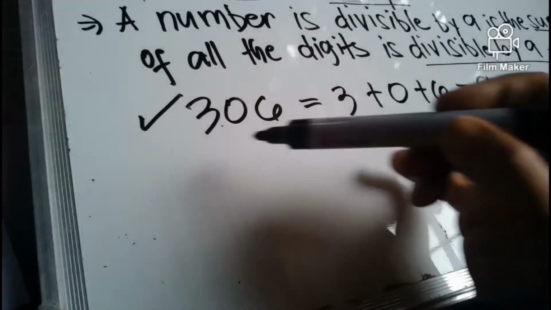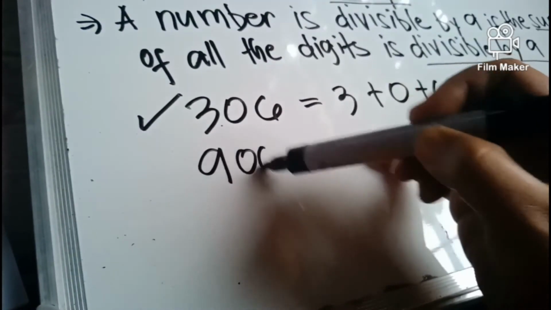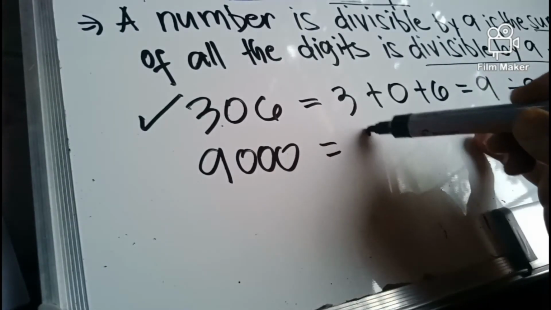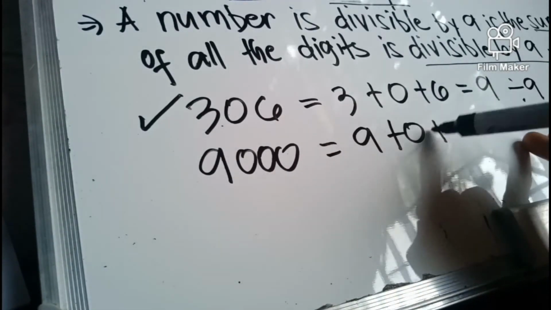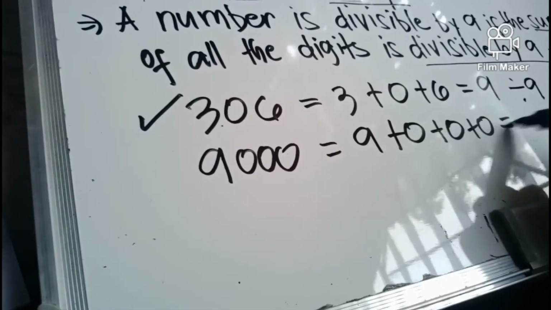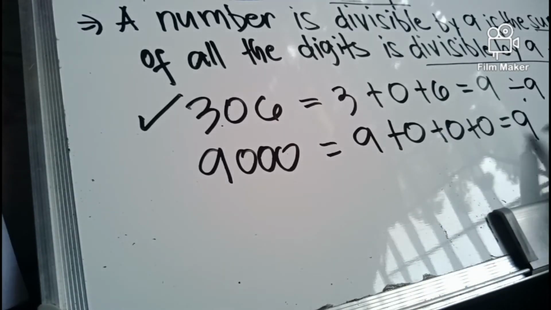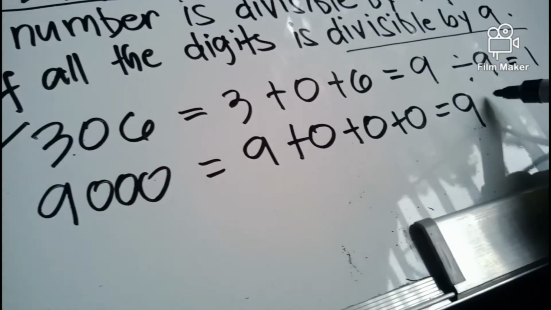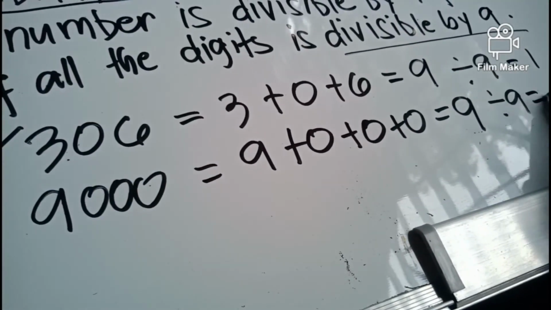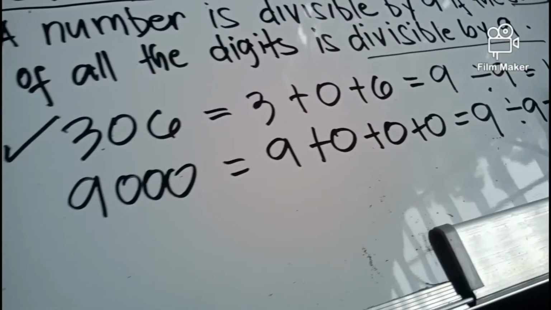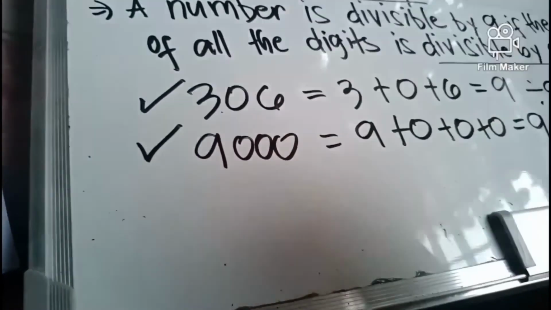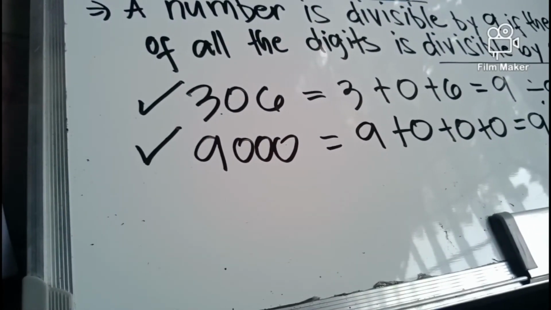So, another example is 9,000. Let's add. 9 plus 0 plus 0 plus 0 equals 9. So, therefore, 9 divided by 9 equals 1 na walang remainder. So, 9,000 is divisible by 9.